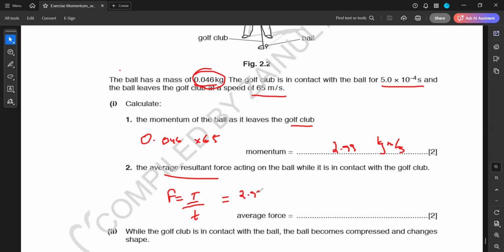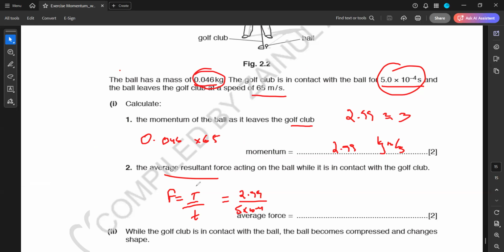So that is 2.99 as the momentum, divided by the time interval, 5 times 10 to the minus 4. Yes, in part 1 I rounded it off to 3 kilogram meters per second, since 2.99 is approximately 3.